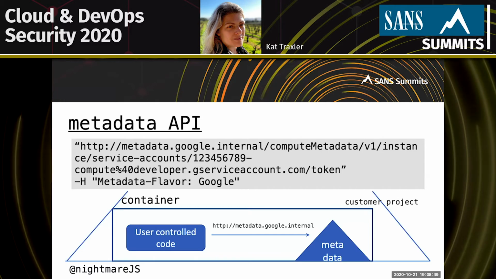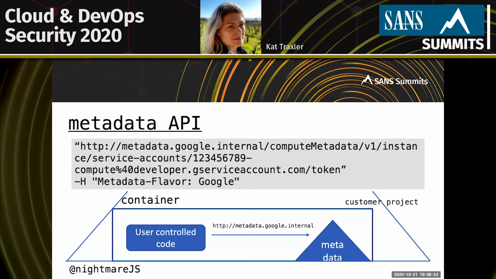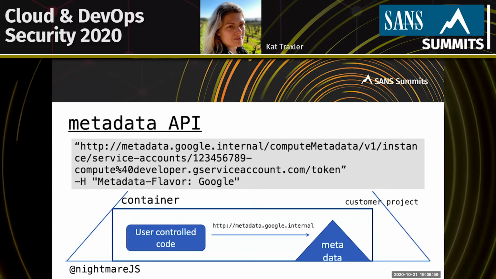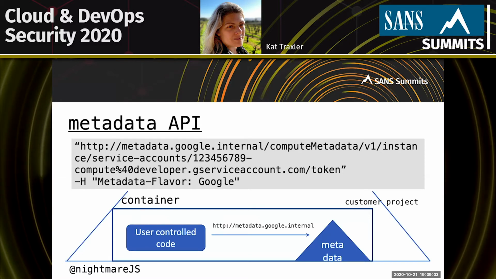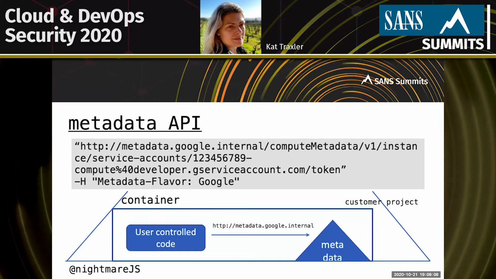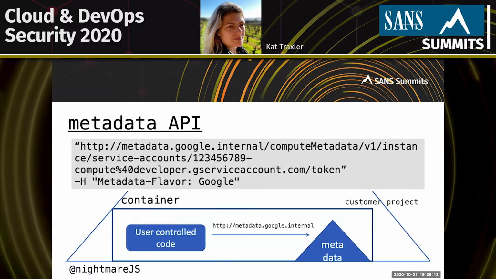The Metadata API example with functions is that when you deploy code to a function, what you're really doing is controlling code that runs in a container. Any code that you deploy could query the Metadata API for the service account access token and return it to the end user.